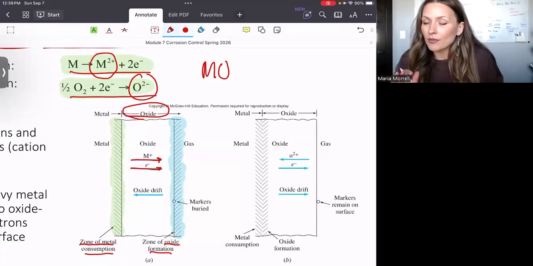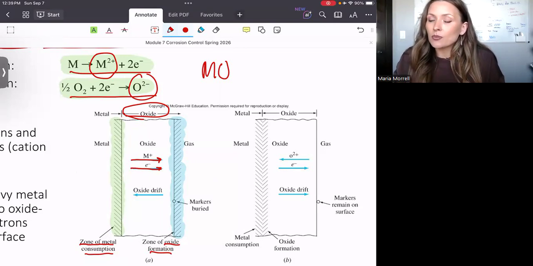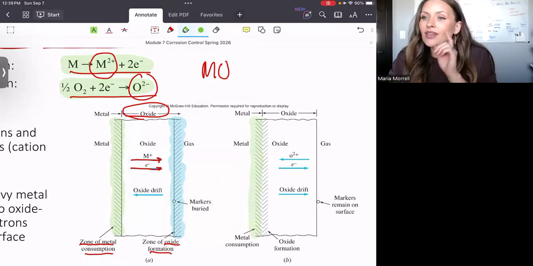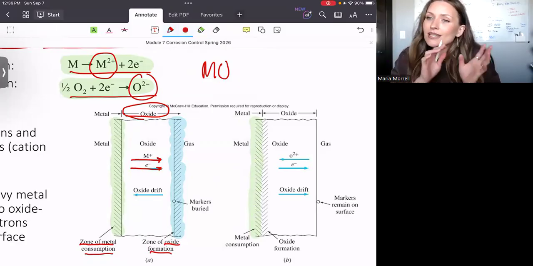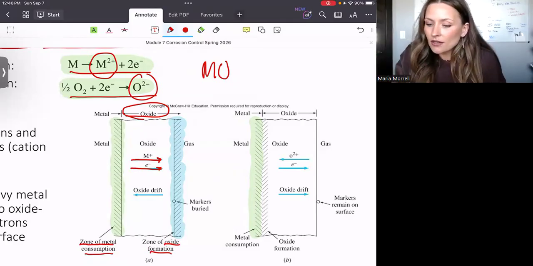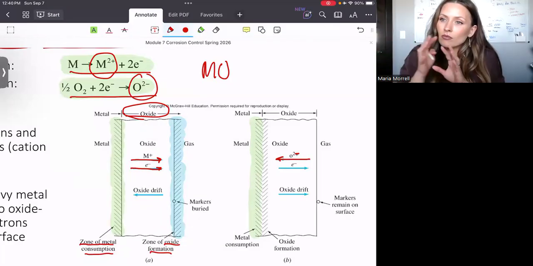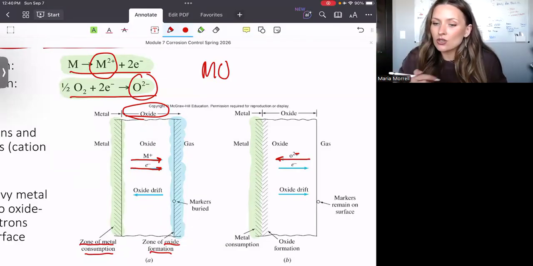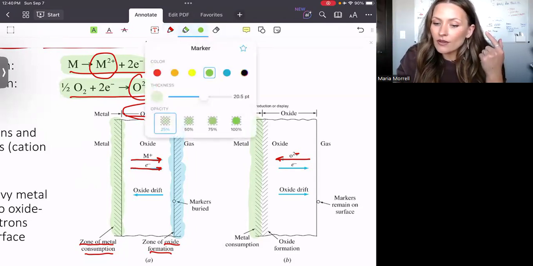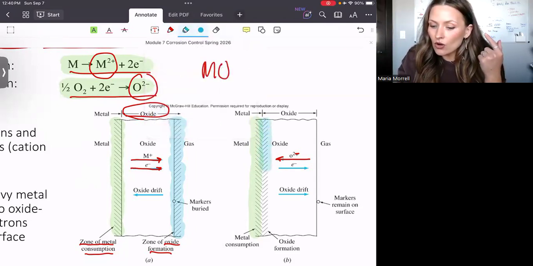However, with some heavy metals, the process is a bit different. And let's start with the similarities first. So you still have this metal surface where the metal gets consumed, but this time, not metallic cations diffuse, but oxygen, and specifically the oxygen anions, diffuse toward the boundary where the metal is consumed, and there we have the formation of the new oxide.